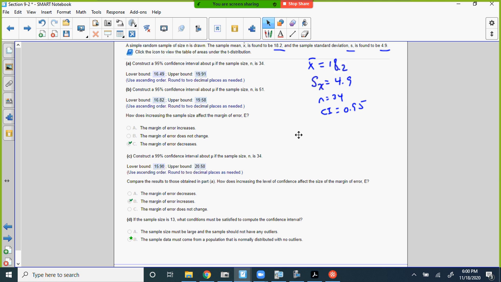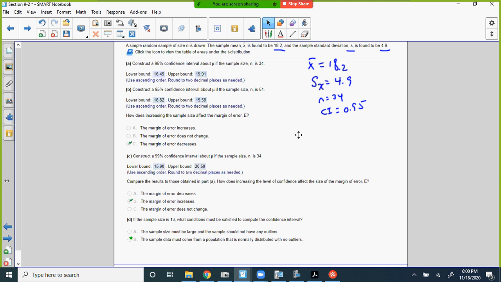You're going to have an N now of 34, same as what we had in part A. The only thing we're changing in C is the confidence level. Instead of a 95% confidence interval in A with a sample size of 34, now we're looking at a 99% confidence interval with the same sample size. And we get its lower bound and upper bound. Not a problem. Stats, Test, number 8.